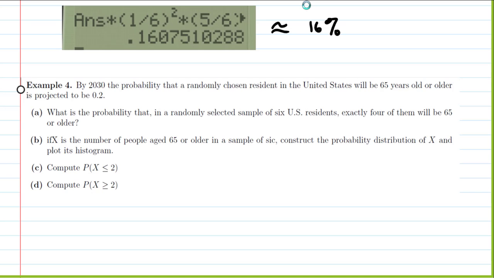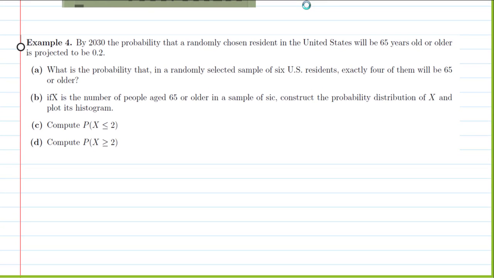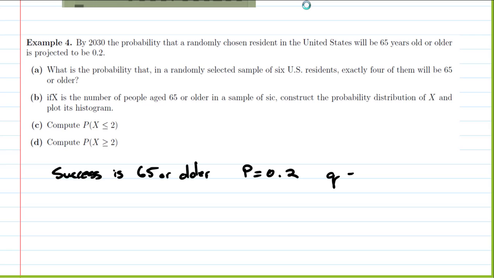All right, so success is 65 or older, and our probability of that, according to this, is 0.2. So then our failure is going to be 1 minus 0.2, or 0.8.